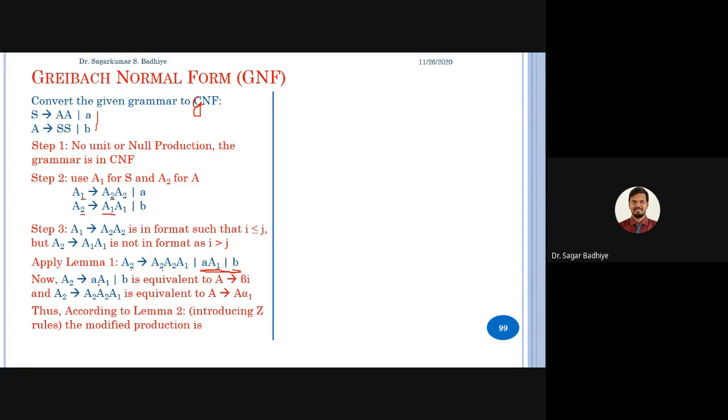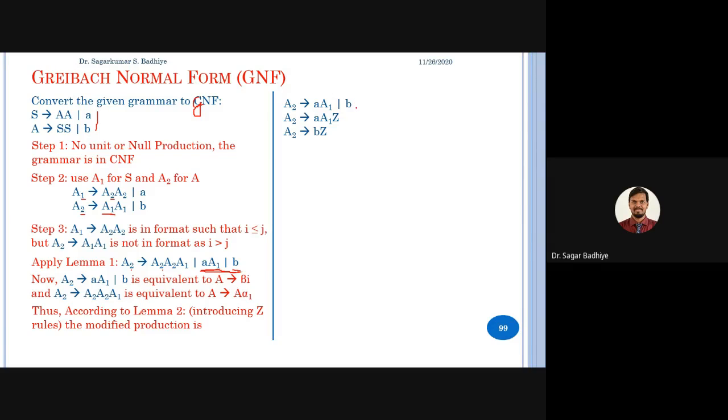So the rules will become like this: A2 derives to A1 as it is, A2 derives to B as it is. That means the beta rules will be as it is. Then we'll introduce a new non-terminal for all these beta rules, so it would become A2 derives to A1Z, along with this, I have added Z, and A2 derives to BZ. That is, these beta rules are as they are, and along with them, I have added Z.